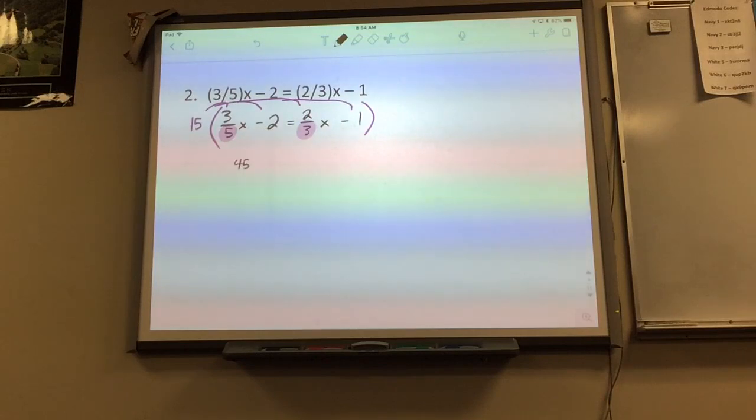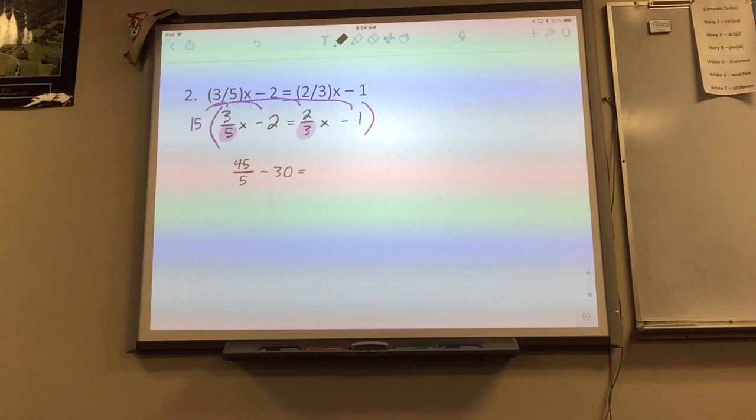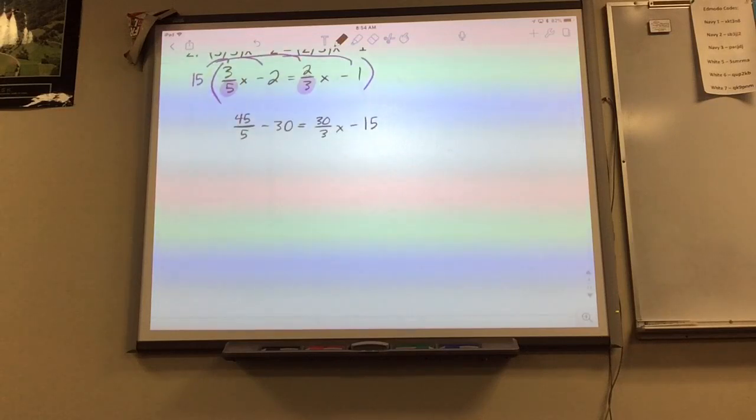In just a second, those of you that feel pretty good about this method, I'm going to show you something that will make it a little bit easier to do, a little more in your head. I'm not recommending everyone do it. So this turns it into whole numbers now. What's 45 divided by 5?